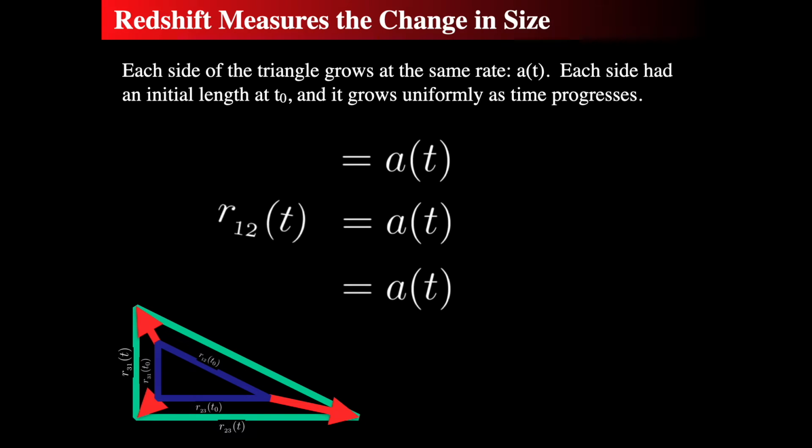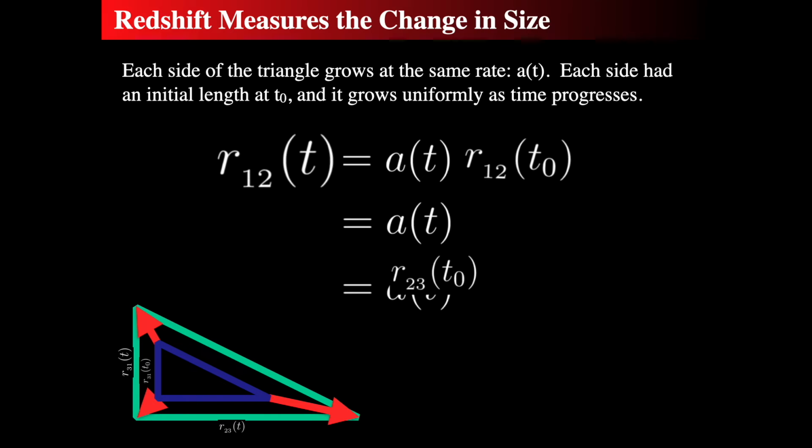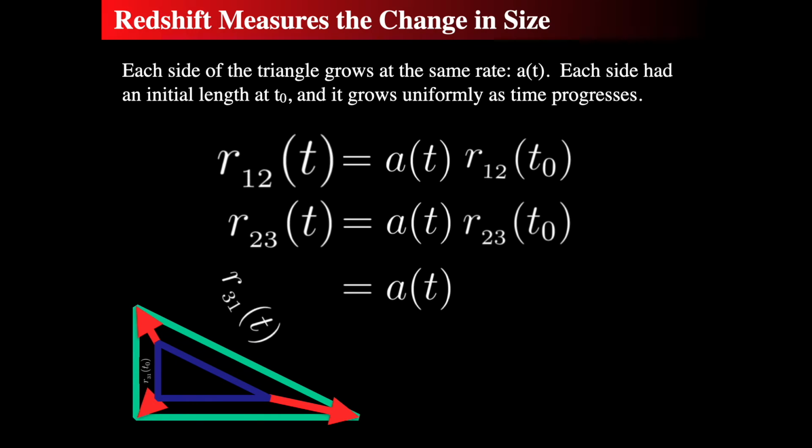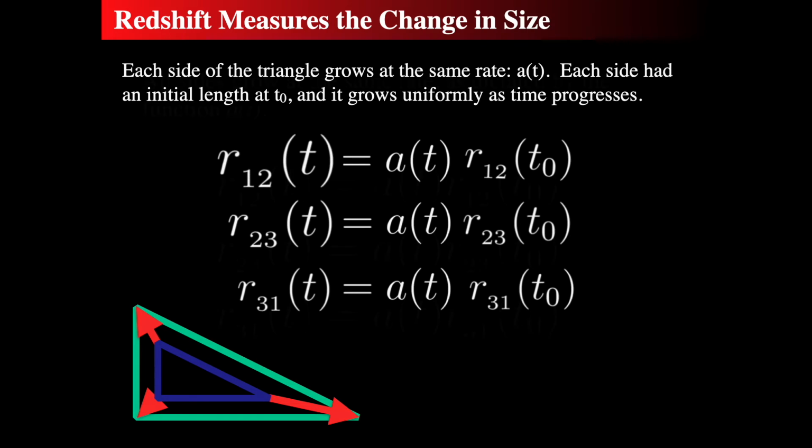So now, let's go through and pull each one of these things up to their respective places in the equation. And I've captured and related all the sides as a function of the scale factor. In each case, the r of t0 is a constant, each of those three on the right-hand side. The size varies due to the scale factor function, a of t, and on the left-hand side is the resultant size after some time t.